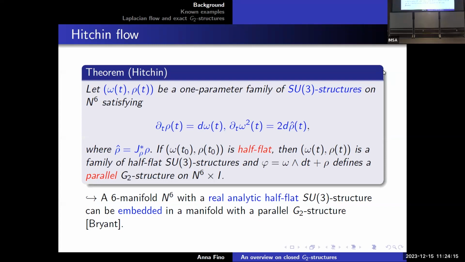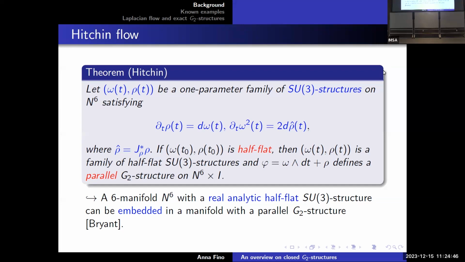The first use is the construction by Lu, Gibbons and Page, where they construct a metric with holonomy G2, whose holonomy is an important group. And the idea is it's not a geometric flow, it's an evolution flow, but it allows one to construct metrics in dimension 6 with a one-parameter family of SU(3) structures.